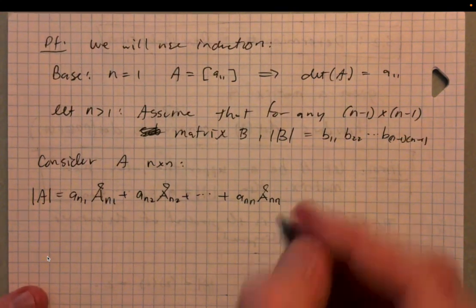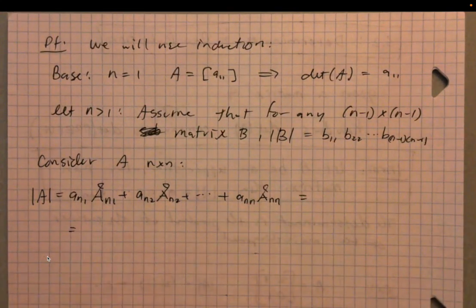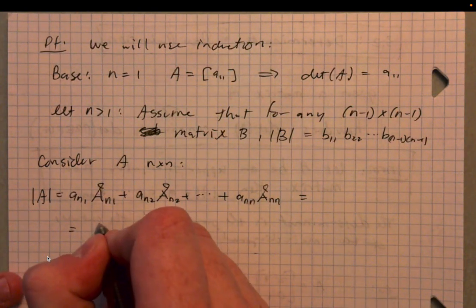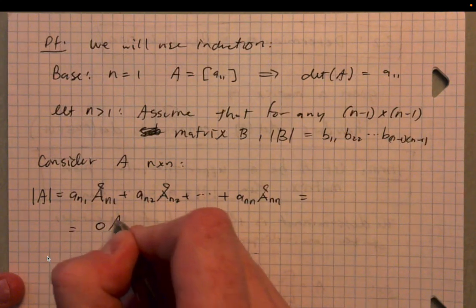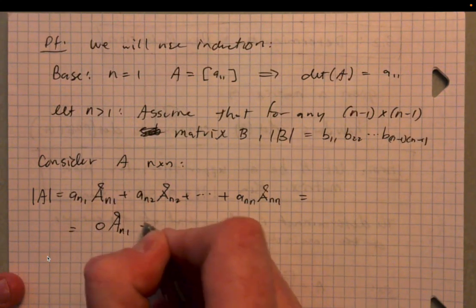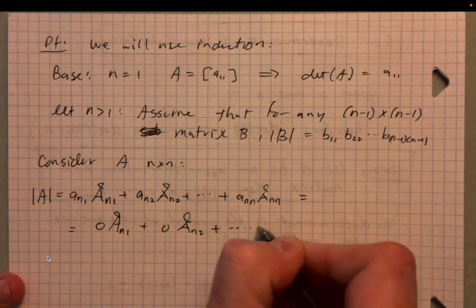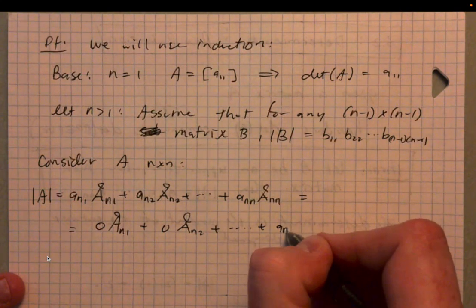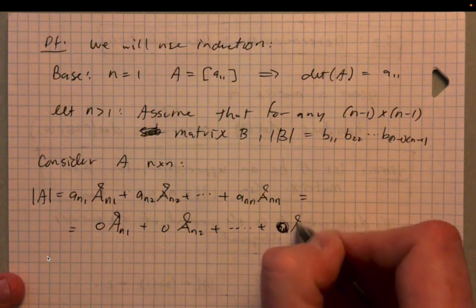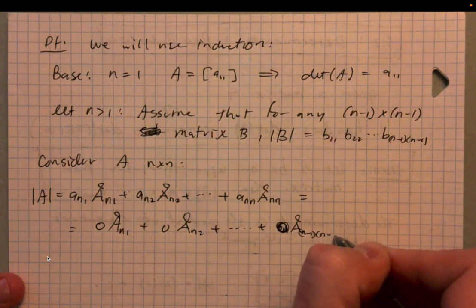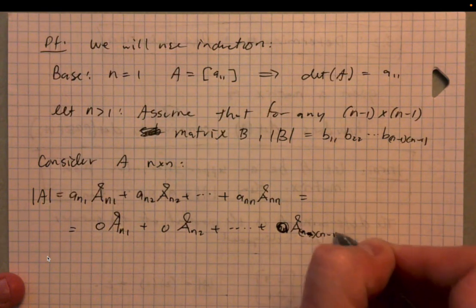And what is this going to be equal to? Well, remember the matrix is upper triangular, right? So this is going to be equal to 0 times an1 plus 0 times an2 plus dot dot dot plus 0 times a(n)(n-1). Sorry about that.